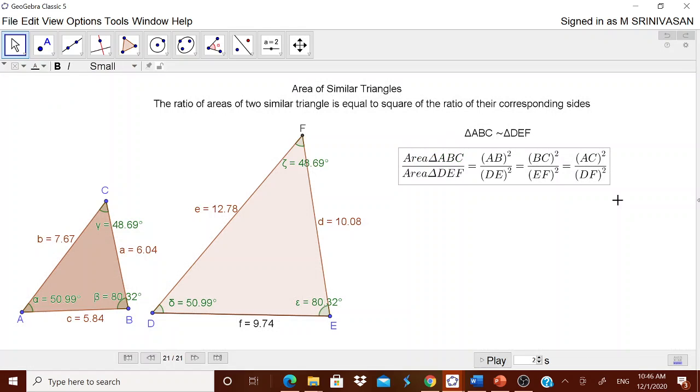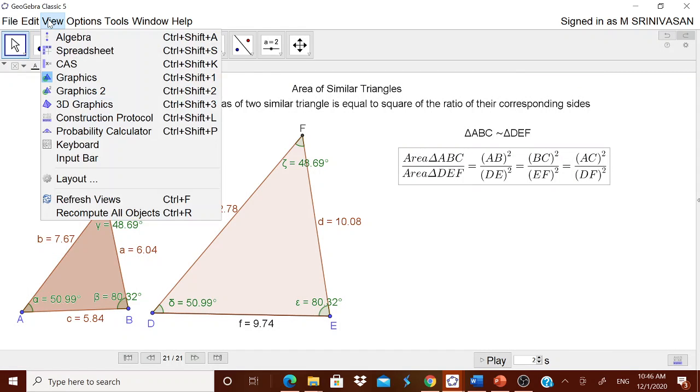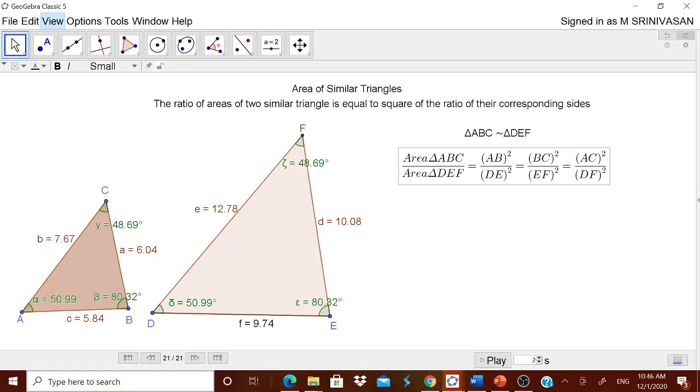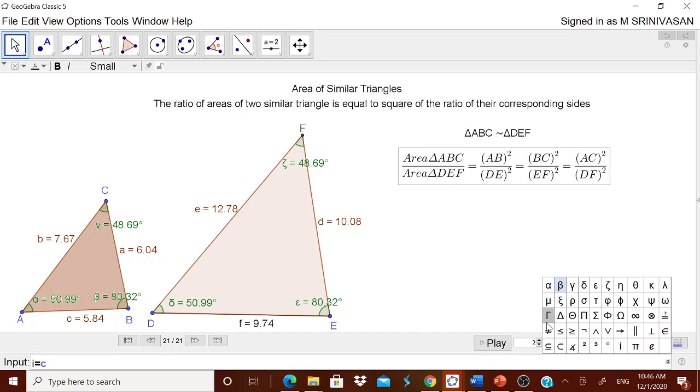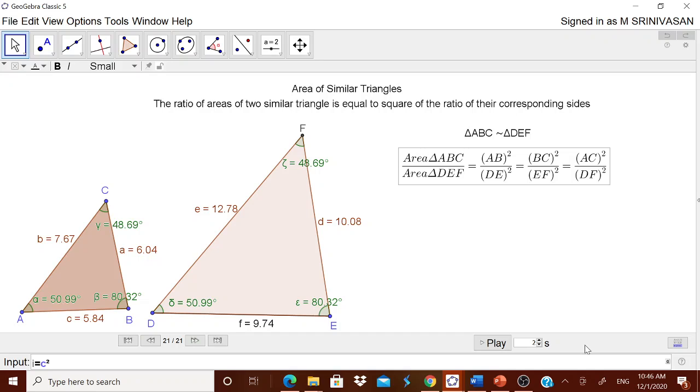I am coming back to geometry. I am visualizing the input bar. Now I want the square of c. Therefore, small i is equal to c, then go for this square. Automatically it will calculate, don't worry. C square is over, therefore AB square is over.